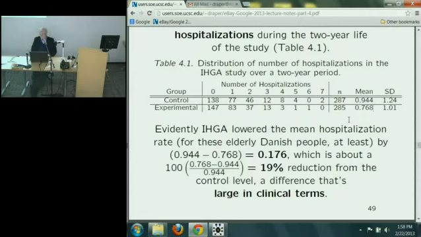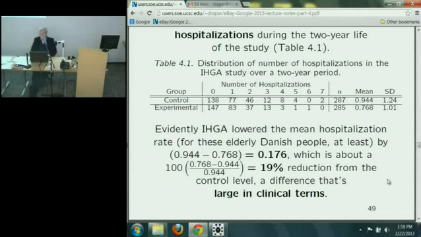So we've already answered the question in the affirmative: does this difference seem large in practical terms? Next question. Does this difference seem large in statistical terms?